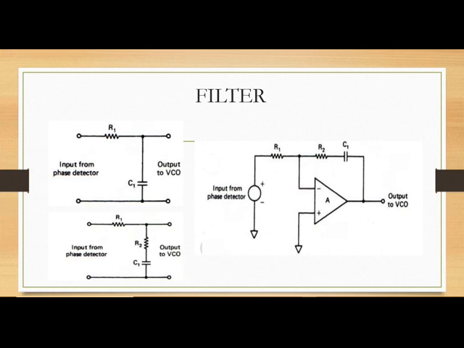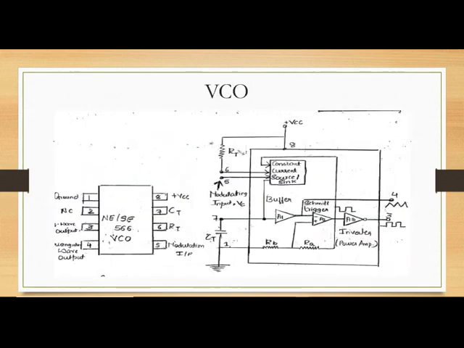The next component of PLL is the VCO, voltage controlled oscillator. VCO is nothing but a voltage to frequency converter.